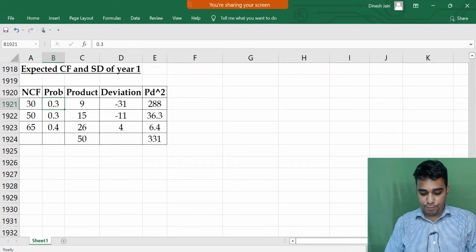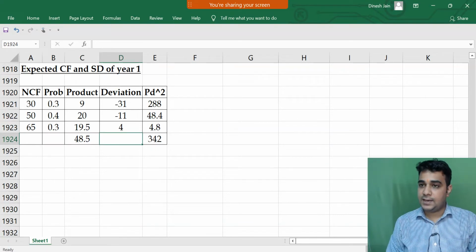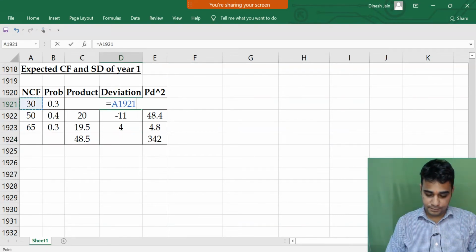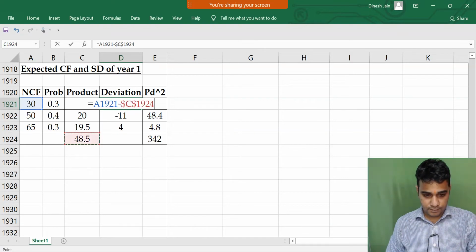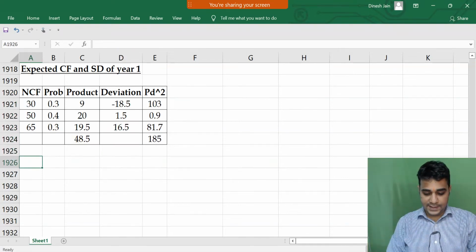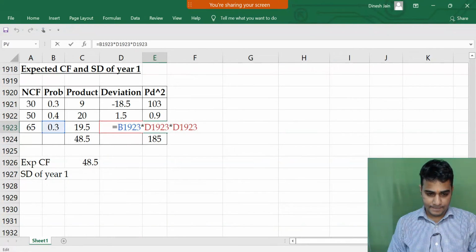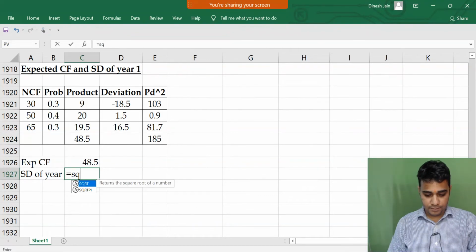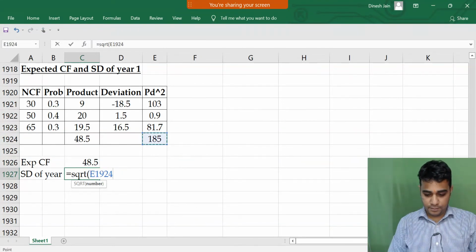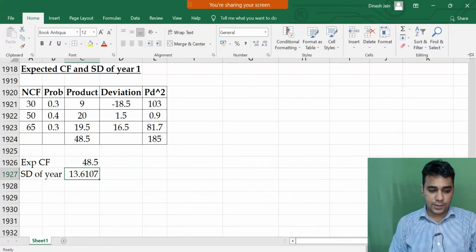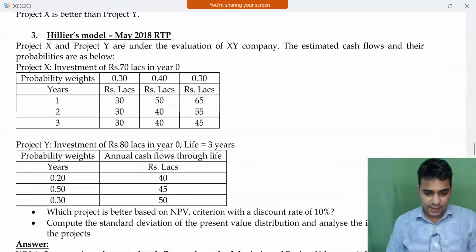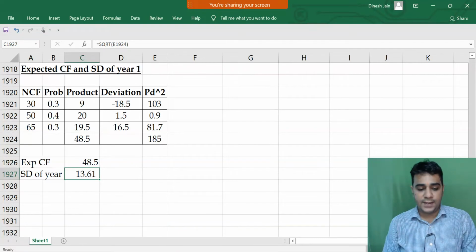The probabilities are 0.3, 0.4, 0.3. The expected cash flow is 48.5. Standard deviation of year 1 is some 13.61. You can just check the calculation if at all any error is there.